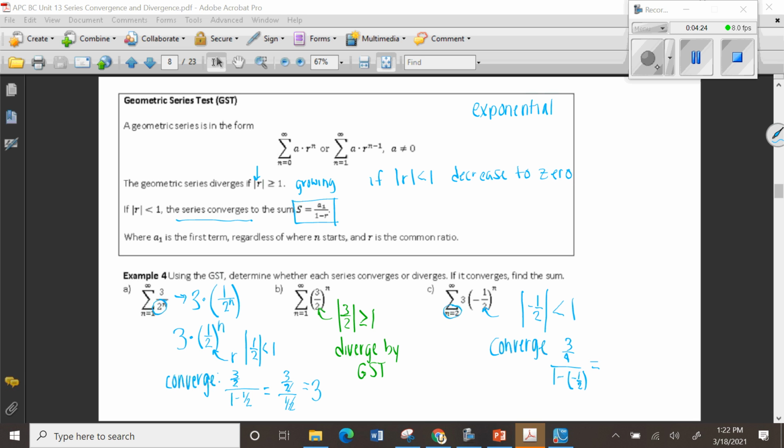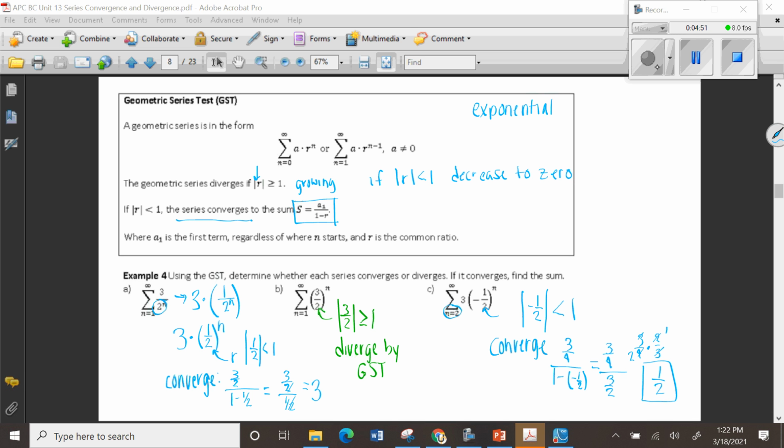So now I'm going to simplify this. I have 3/4 over 3/2. We might want to rearrange this, so I have 3/4 times 2/3 so that I can simplify. And it looks like I'm going to end up with 1/2 is what this is going to converge to.